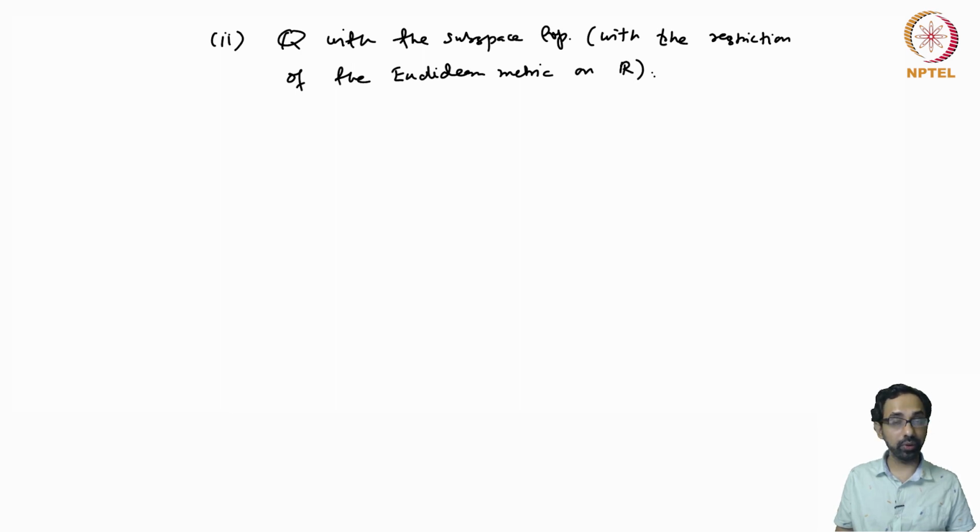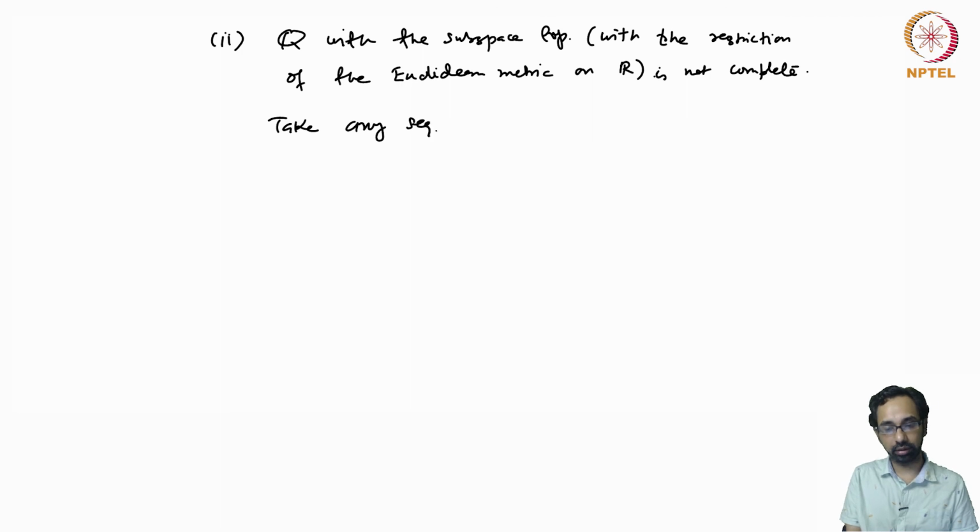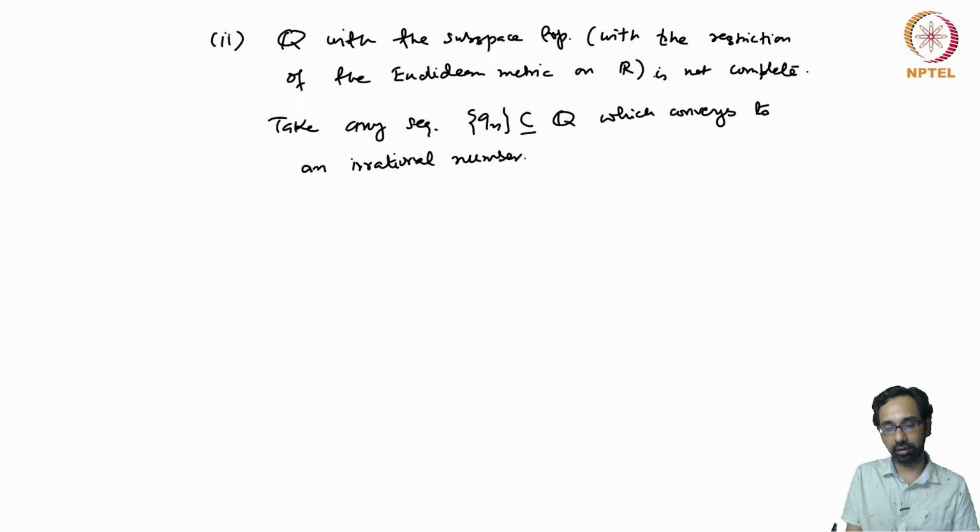So then this set Q with this metric is not complete, and this is because of the fact that you have irrationals in R, and you can take any sequence qn in Q which converges to an irrational number, say r equals square root of 2, and so then there is no convergent subsequence.